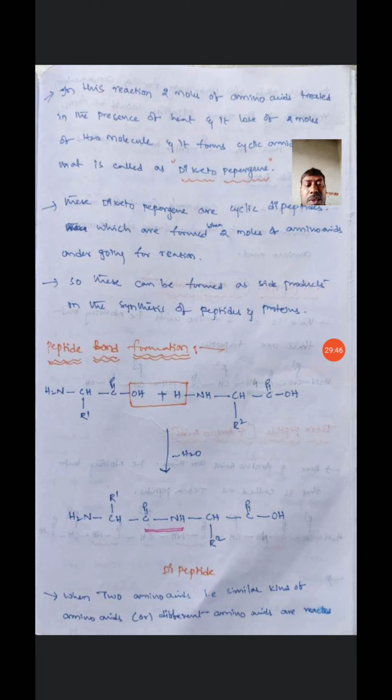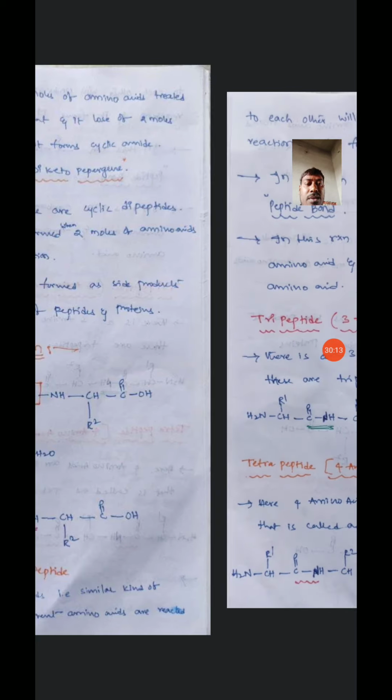The OH from the carboxylic group of the first amino acid and the hydrogen from the NH2 of the second amino acid are lost overall as a water molecule, forming a condensation product, a dipeptide.